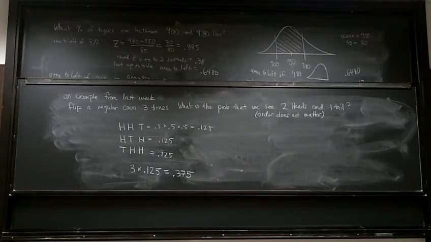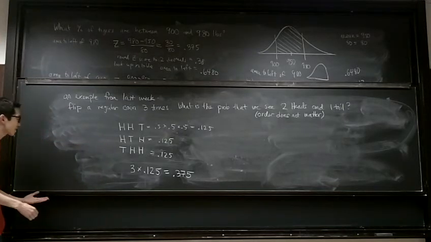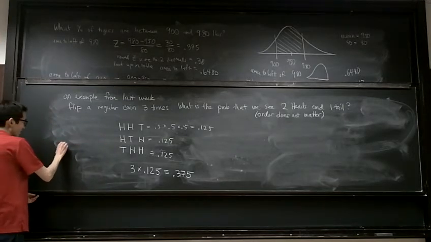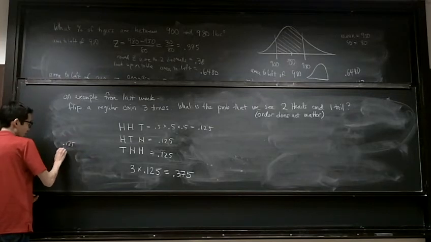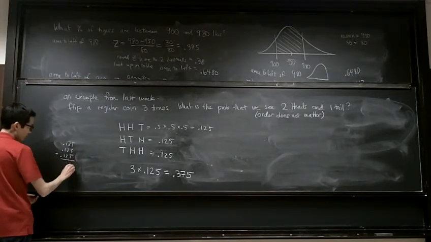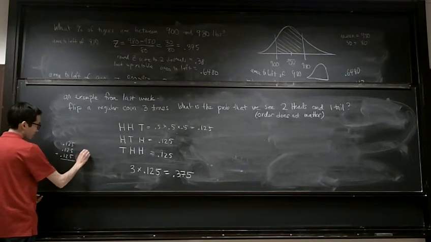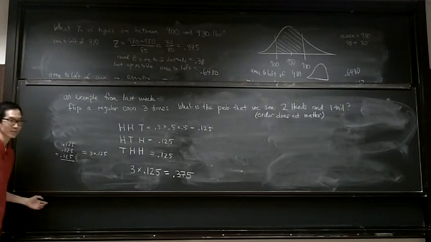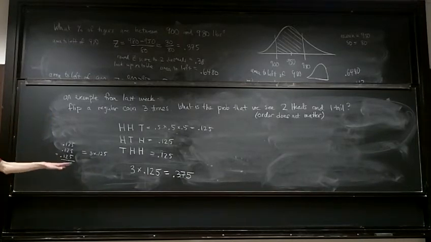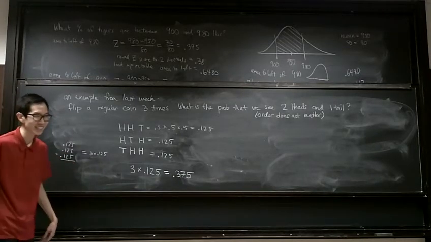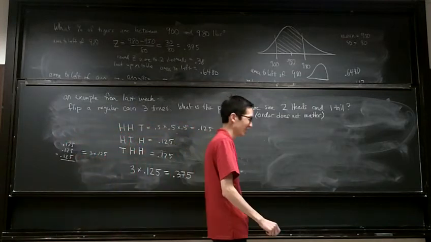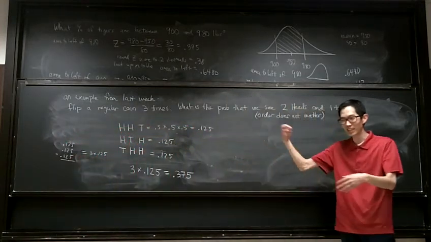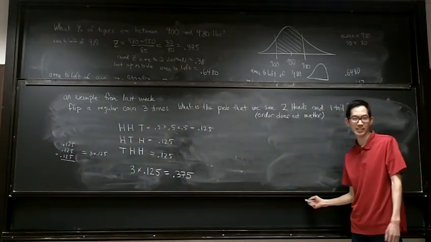No, last week you added them up. Oh, okay. Well, that's the same, right? That's the definition of multiplication: 0.125 plus 0.125 plus 0.125. 3 times something means add that thing 3 times.